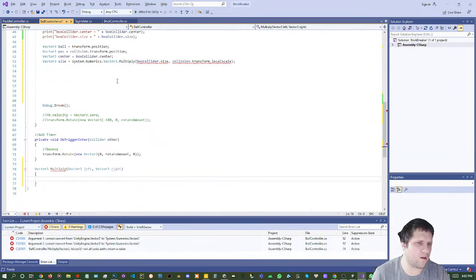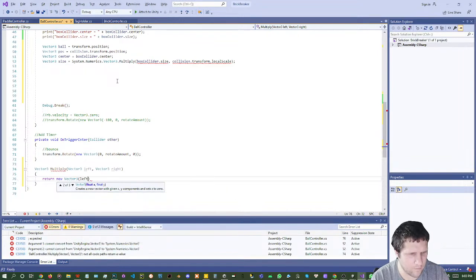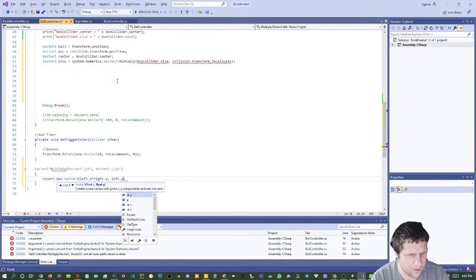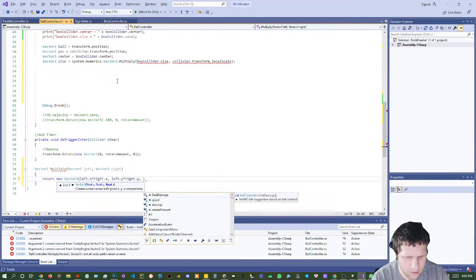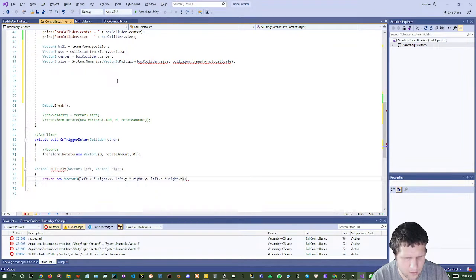What this is going to do is return a new Vector3 of left.x times right.x, left.y times right.y, left.z times right.z.